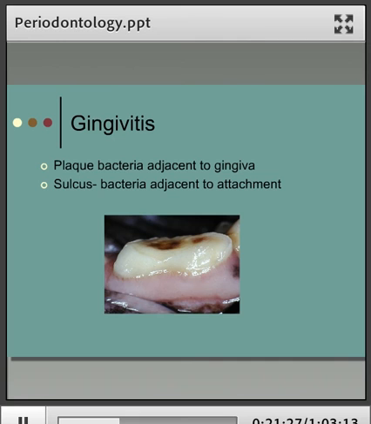Now, the problem we've got with teeth, which is unlike elsewhere on our body, is that it's a non-shedding surface. We've said that enamel gets formed and it's a permanent layer unless, of course, it gets broken or worn away. Other than that, it's non-shedding.